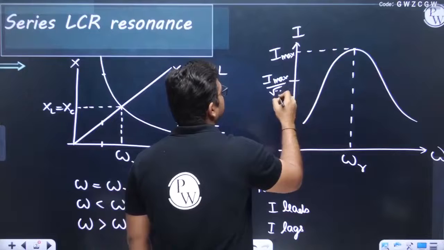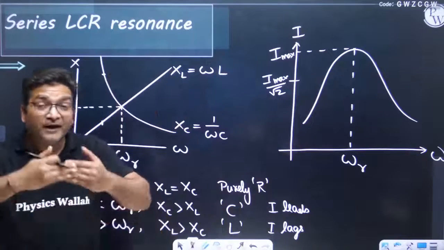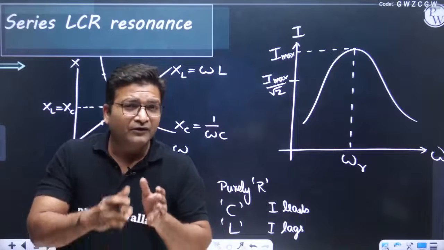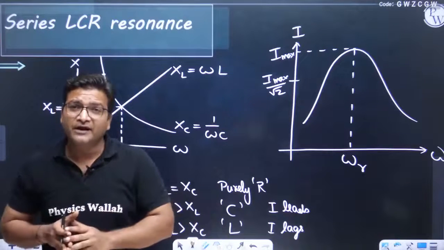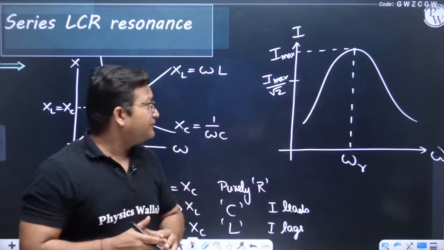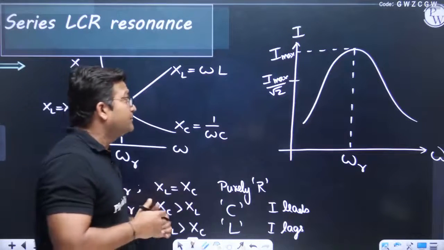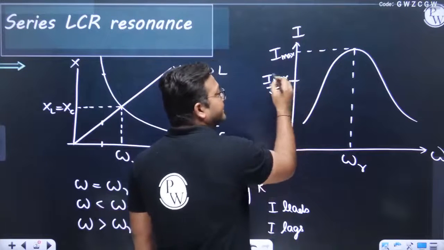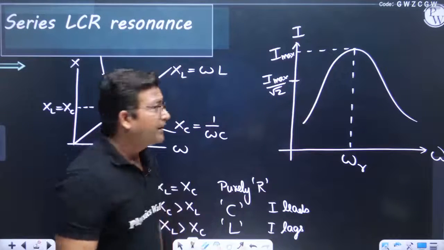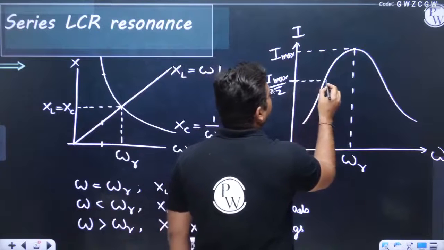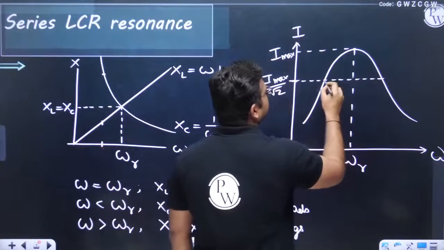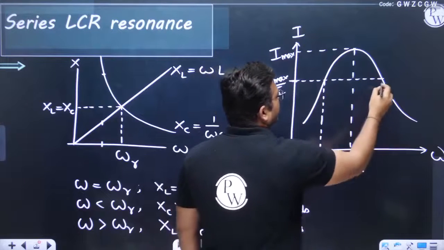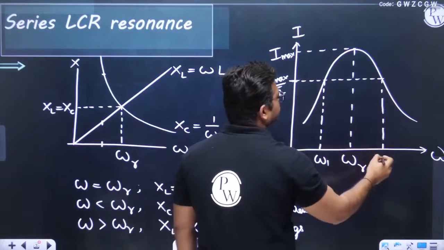If the current is decreased to I max by root 2, that is 1 upon root 2 times, the power will be reduced by half, because power is proportional to I square. So if current is this, we will be getting half power, and we get half power at two frequencies. One is say omega 1 and the other is omega 2.